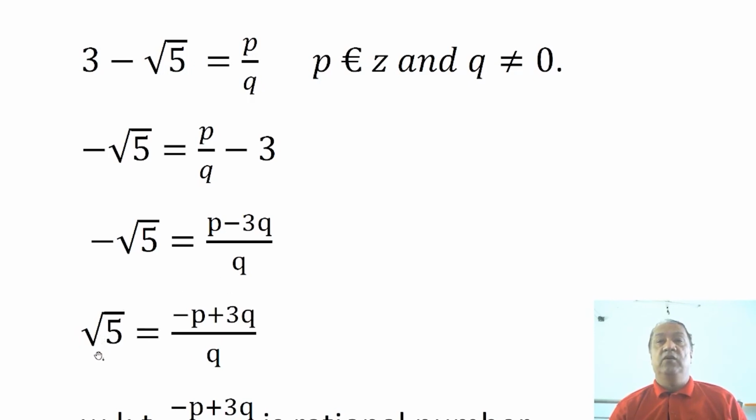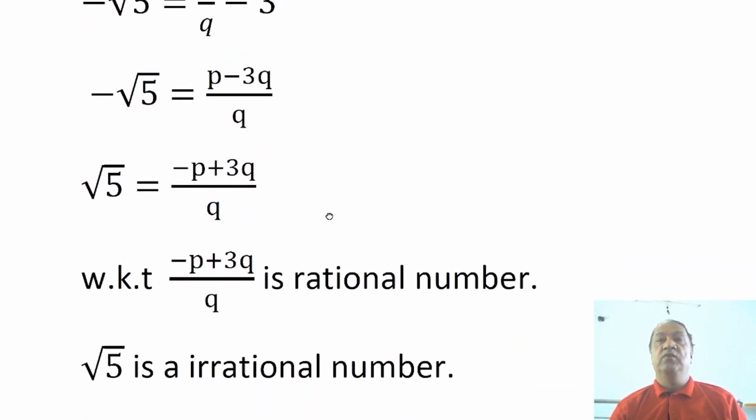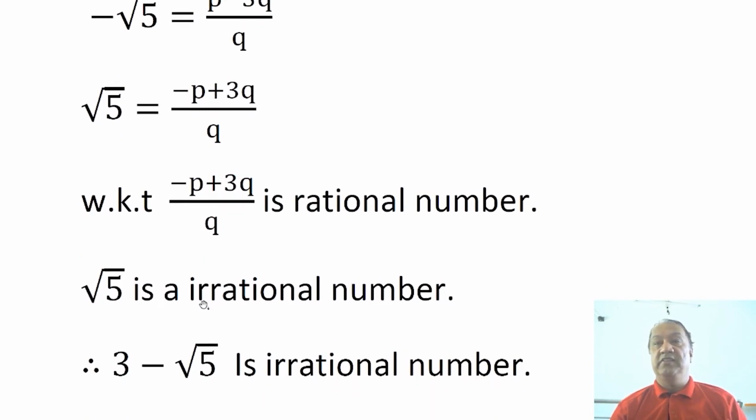Then multiplying by minus on both sides, we will get root 5 is equal to minus p plus 3q by q. We know that minus p plus 3q by q is a rational number and root 5 is an irrational number. So therefore 3 minus root 5 is an irrational number.